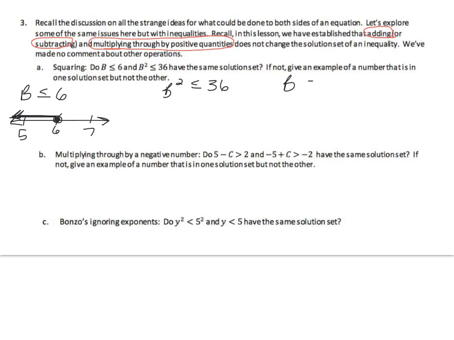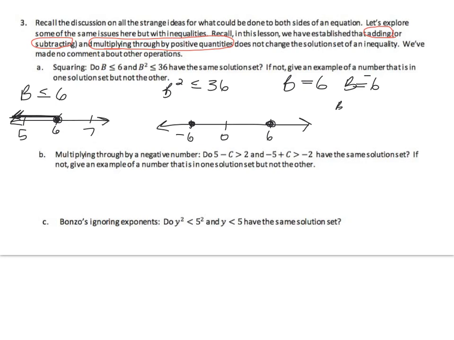if b were 6, 6 squared is 36. That makes for a true statement. So 6 works. If b were negative 6, negative 6 squared is 36. So that works.